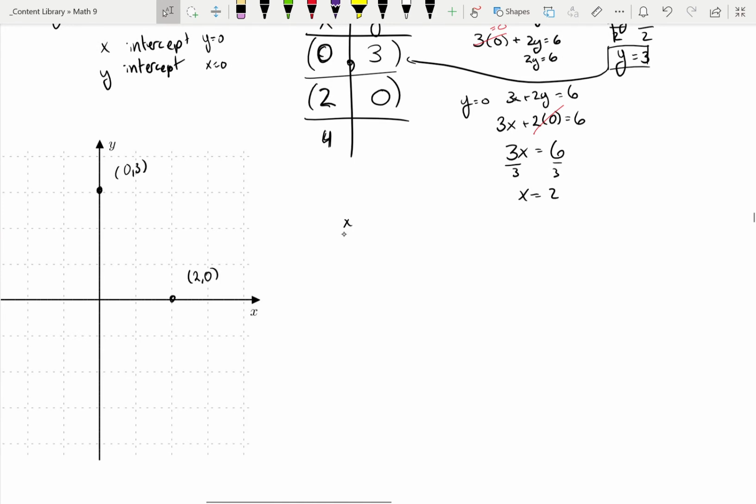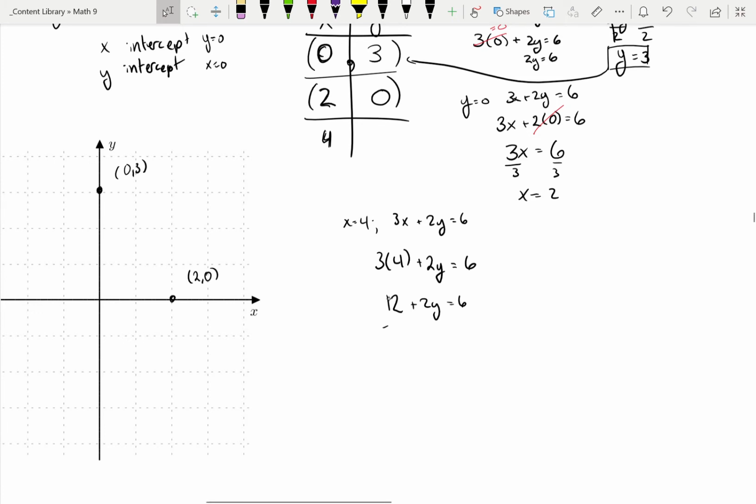So I have x is equal to 4, and the equation is 3 times x plus 2y is equal to 6. So this is going to be a little bit harder to solve, so I have 3 times 4 plus 2y is equal to 6. So 3 times 4 gives me 12 plus 2y is equal to 6. So currently I have this, trying to solve for it.